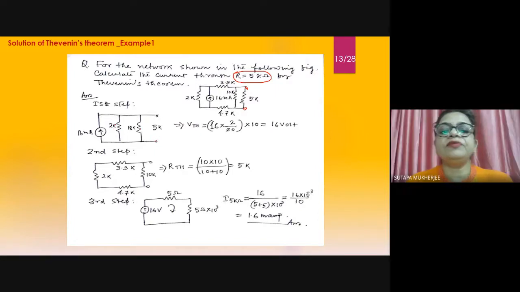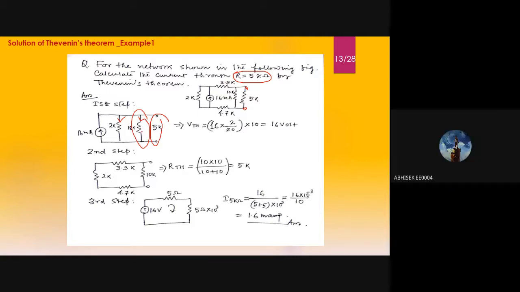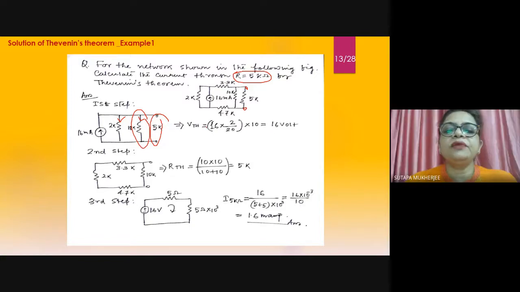First of all, you have to determine the current flowing through this branch. What will be the current? 16 into 2 divided by 20. The drop across this one, definitely, because the two are parallel, right? 16 into 2 divided by 20.